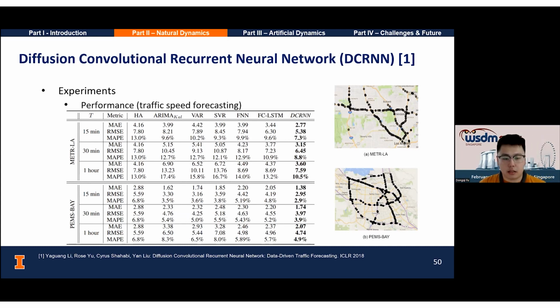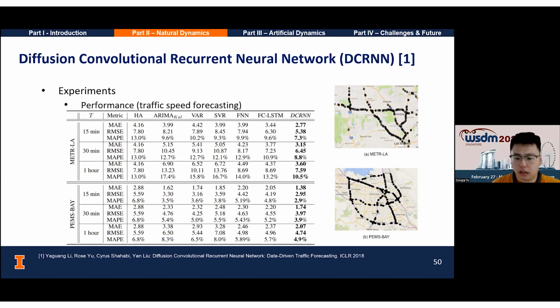From this table, we can observe that the DCRN model achieves the best performance with all 3 metrics for different forecasting intervals or forecasting horizons. The metrics are the reconstruction error between the predicted values and the ground truth.